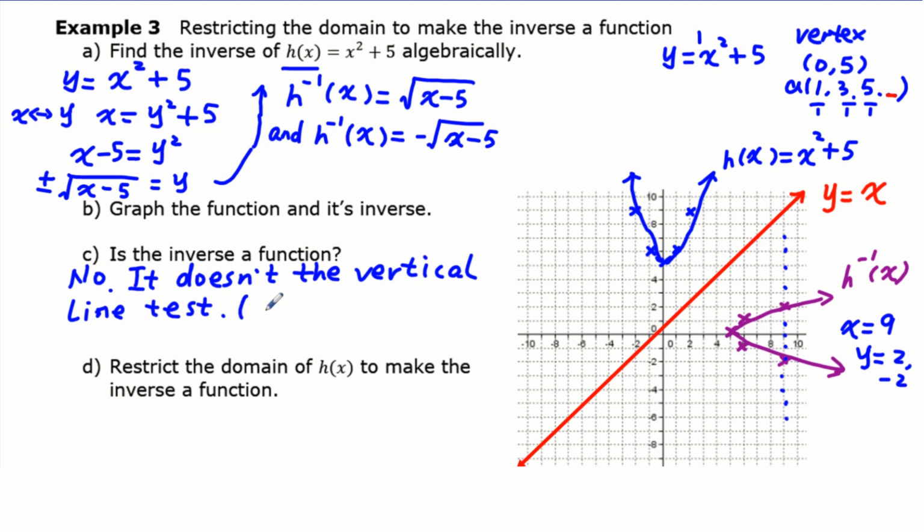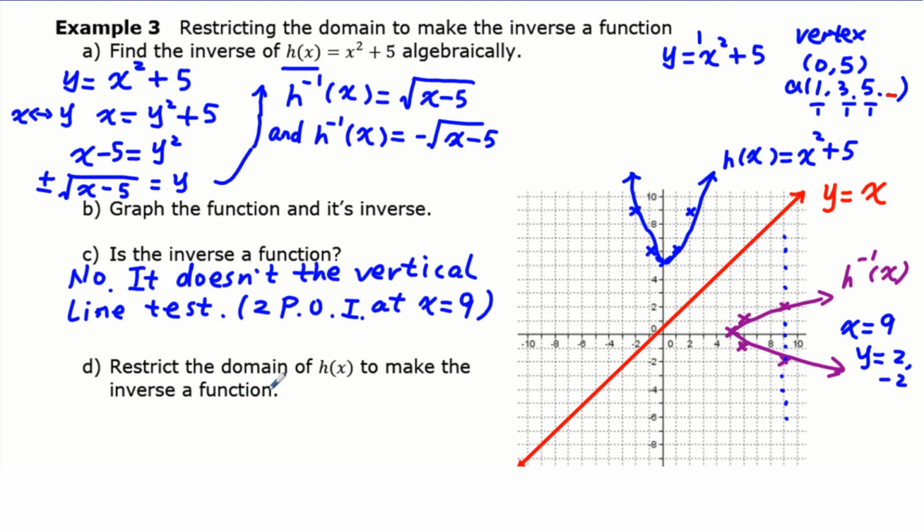There are 2 points of intersection at x equals 9. Each time you need to have only 1 point of intersection, then that is a function.